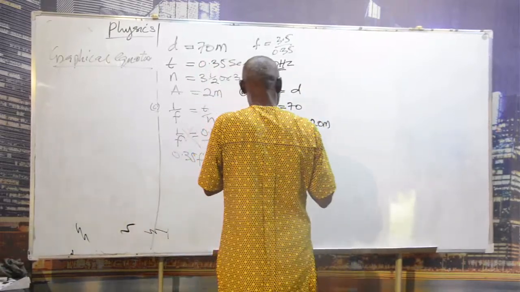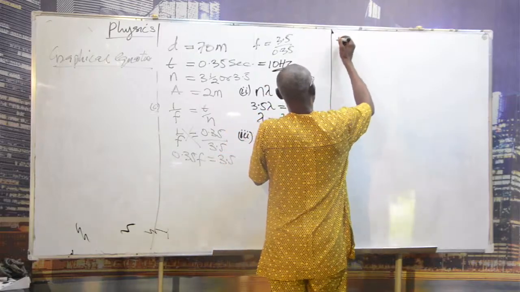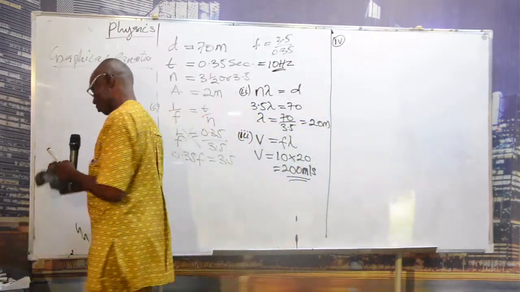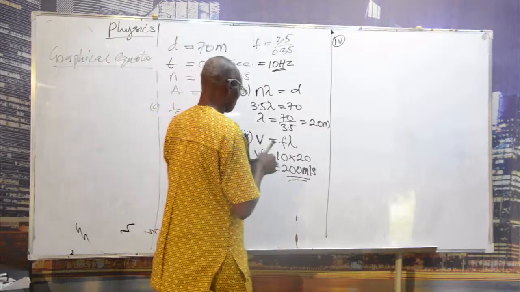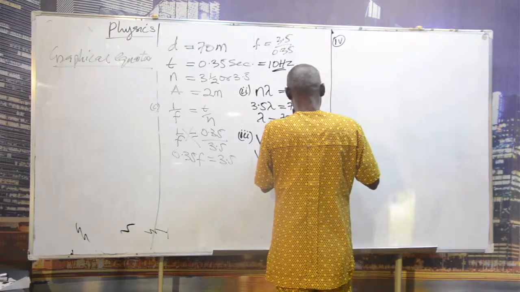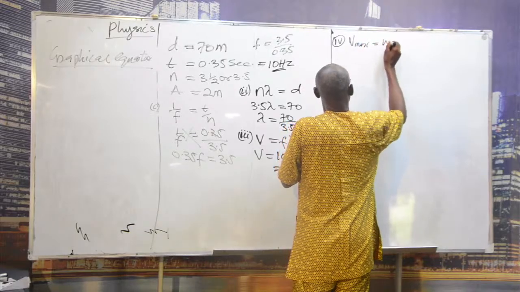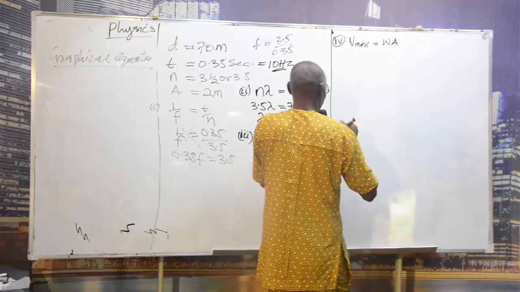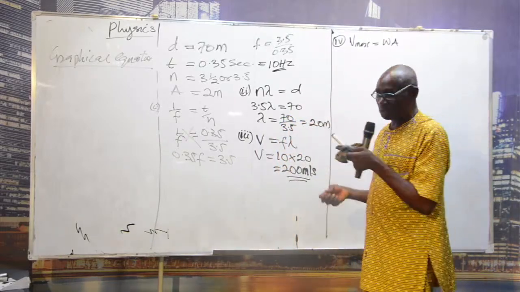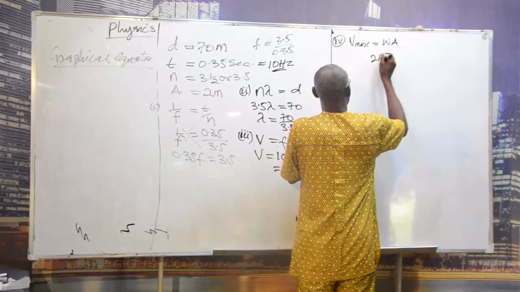So for maximum speed, that is part four. For maximum speed, the formula anywhere, anytime is v maximum equals omega A. Looking at the diagram, there is no omega, but the value of omega still remains 2 pi f.